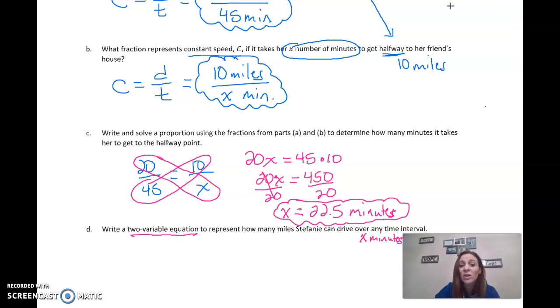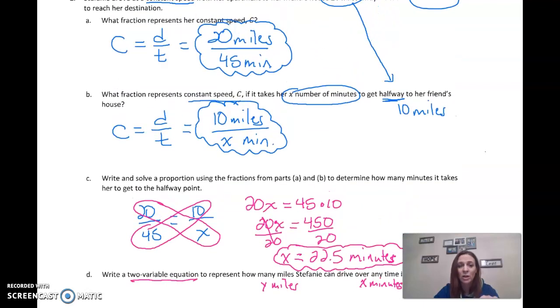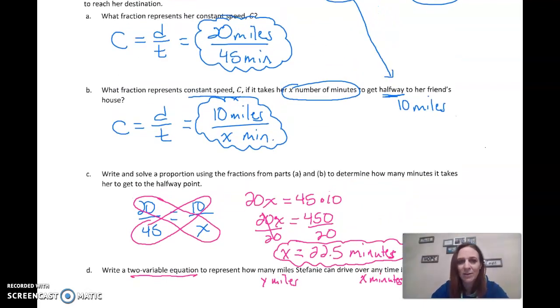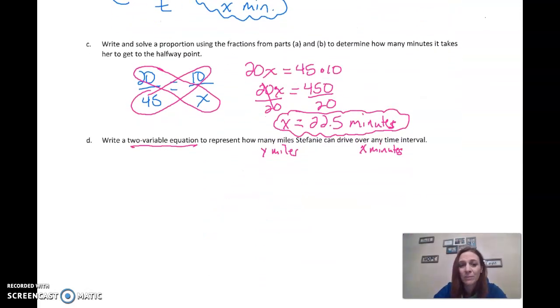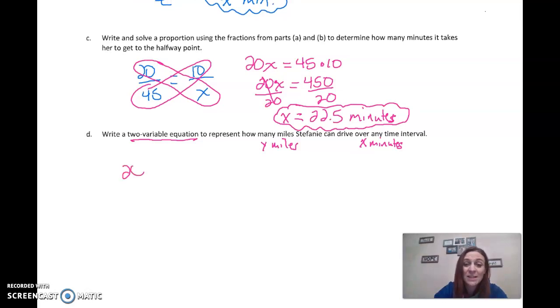How many miles? We're going to call that y. D, T, doesn't really matter. But we have to take the ratio we know: 20 miles over 45 minutes. We need to write that one down. This is the rate.